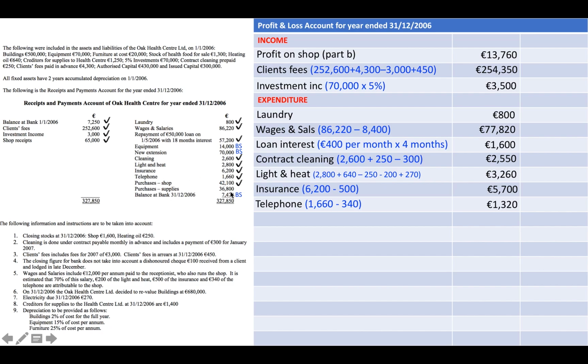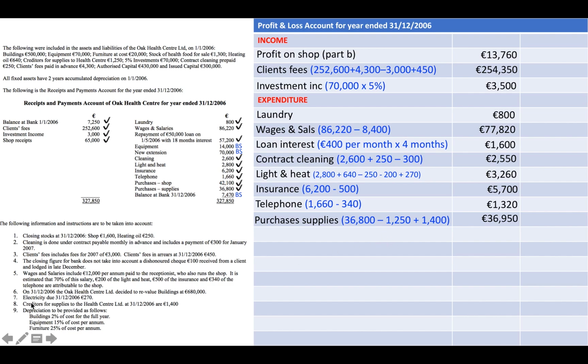Then the last thing that we have here is purchases of supplies. So 36,800. We look up at the top of the question and we have creditors for supplies to health centre 1,250. So at the start of the year, we owed 1,250 to creditors for supplies. So we have to take that away because that related to last year. So minus 1,250.